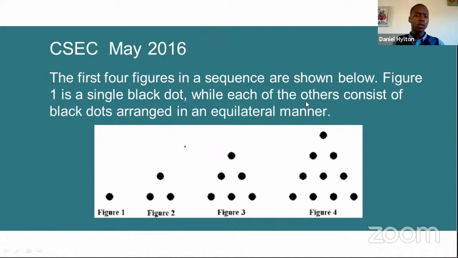All right, so looking at this figure, you see what I'm seeing? I'm seeing that we're adding consecutive whole numbers. So we started with 1. Mr. Hilton, we had a response that's saying they recognize that the side is the figure number. Okay, great observation.